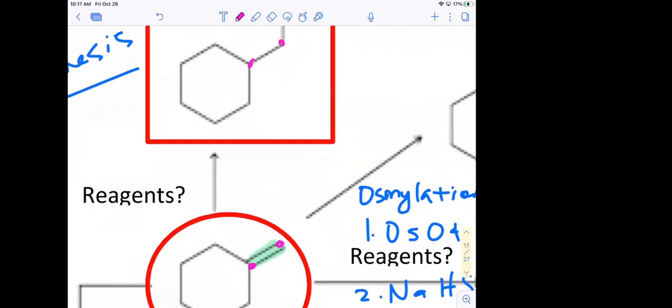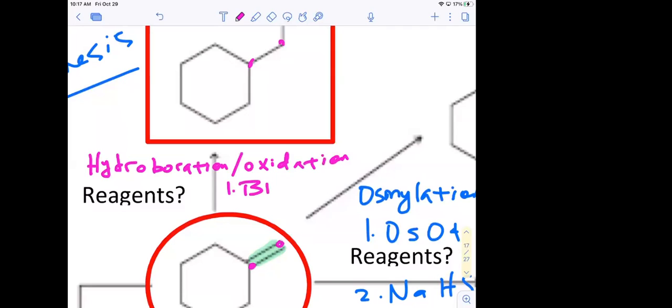So this is hydroboration, oxidation. All right, so the first set of reagents is BH3. We're going to make that alkyl borane. Remember we talked about that on Wednesday, the alkyl borane, and this is done in THF as a solvent.